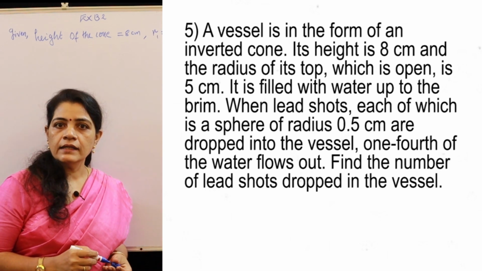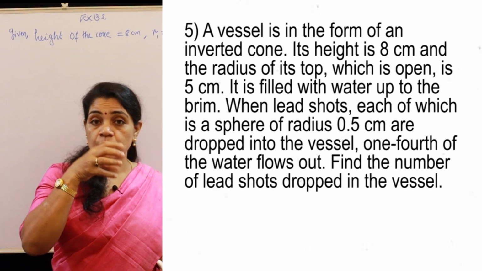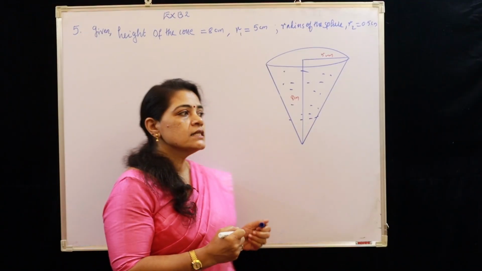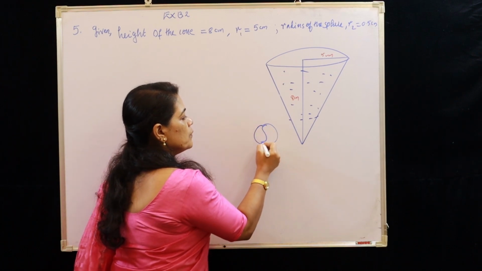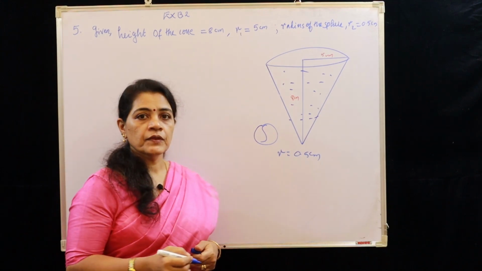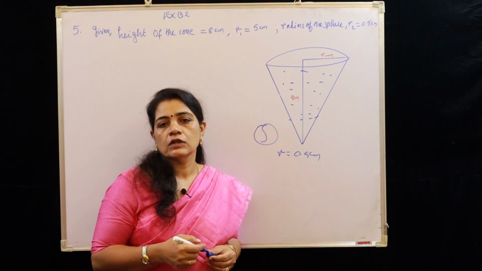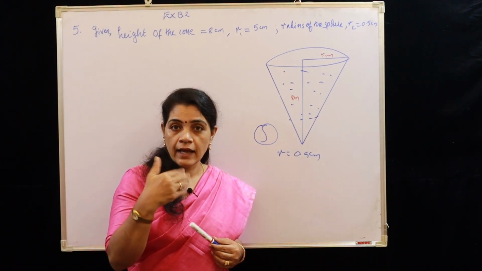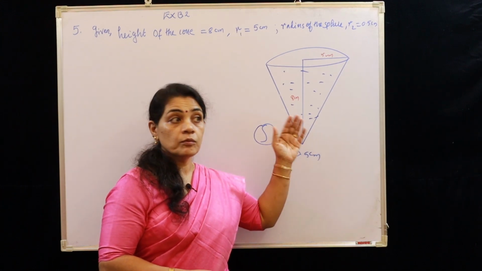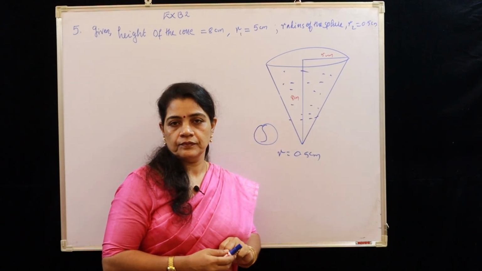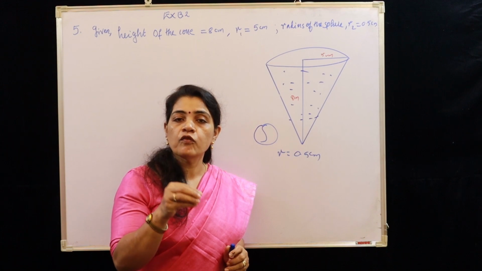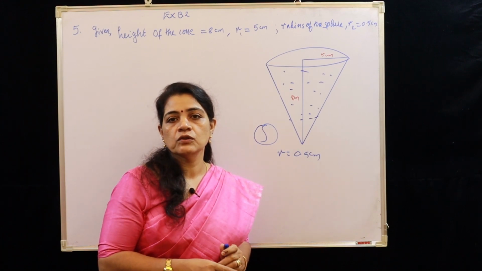Spherical lead shots of radius 0.5 centimeter are dropped into the water, and hence 1/4 of the volume of the vessel, that much water flows out. We have to find the number of lead shots dropped into the vessel.